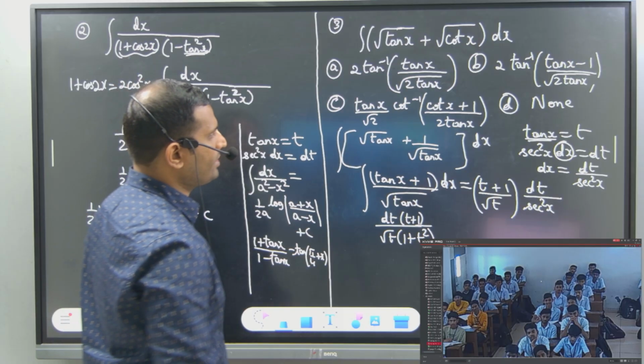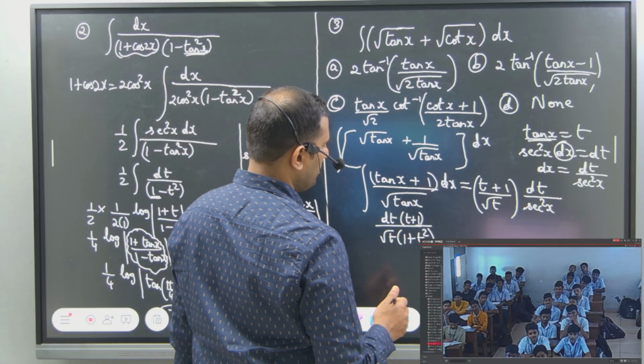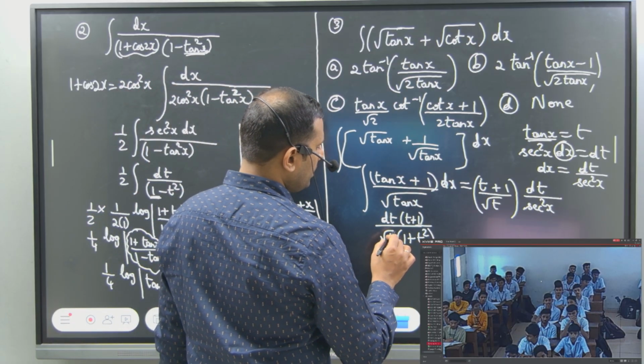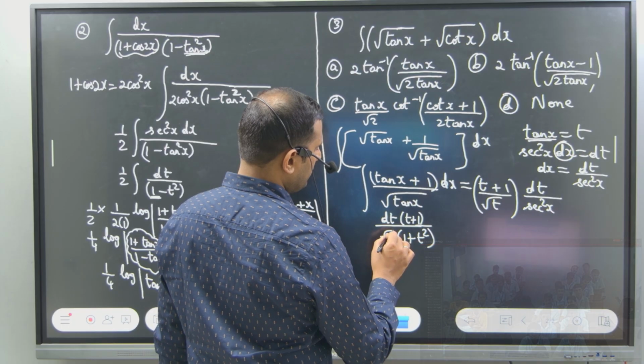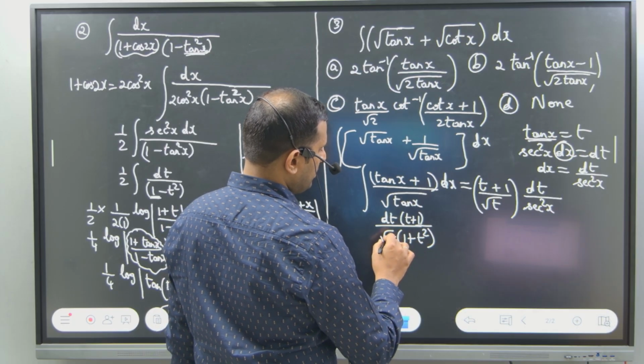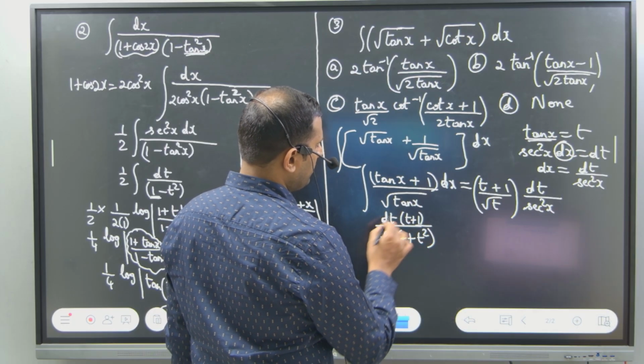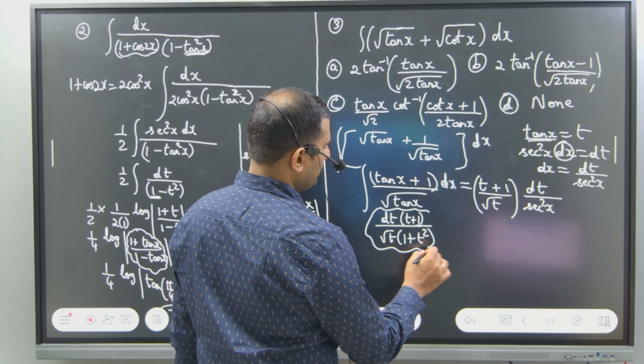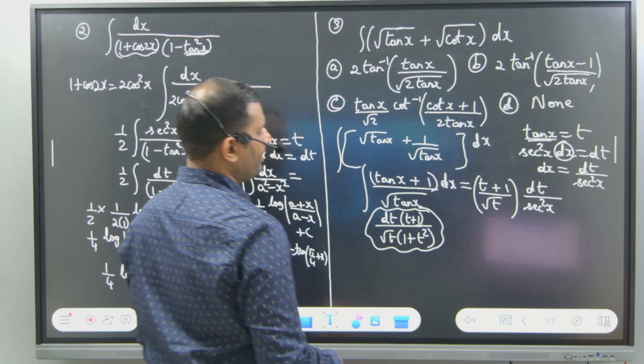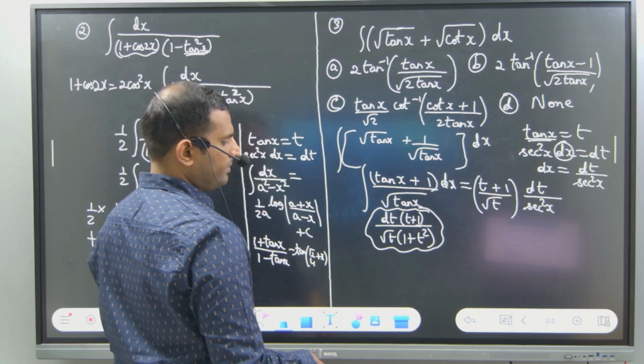Now what next? You try to divide this root t here. Okay, now you need to integrate this. How do you integrate this? Any idea, students?